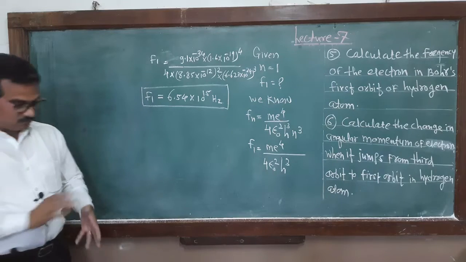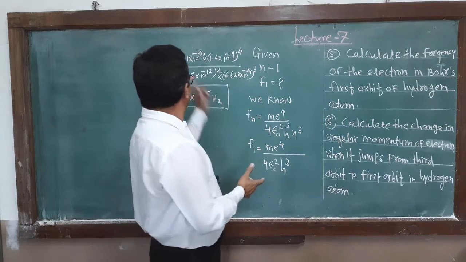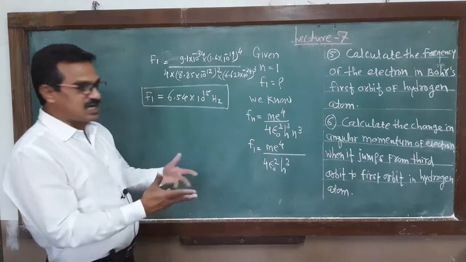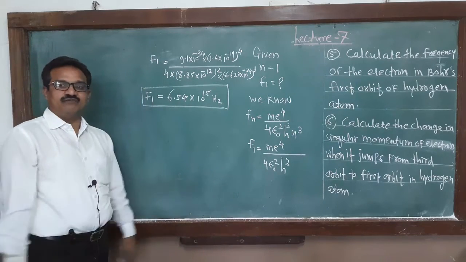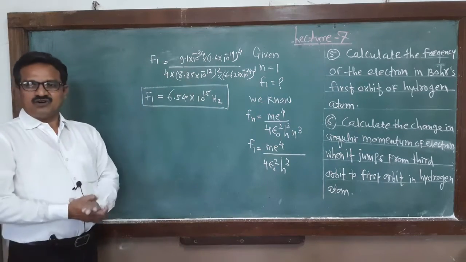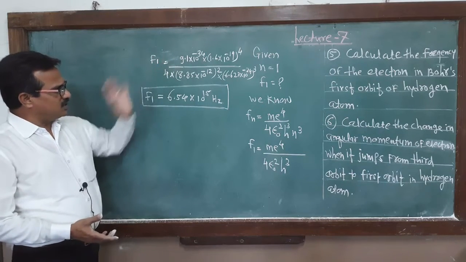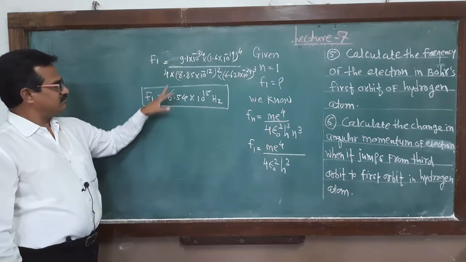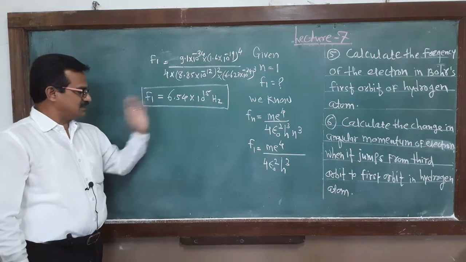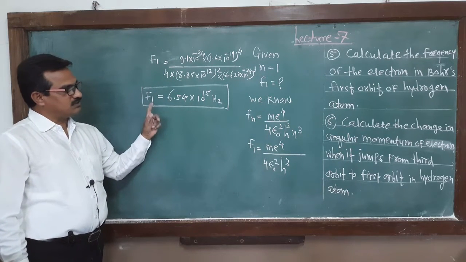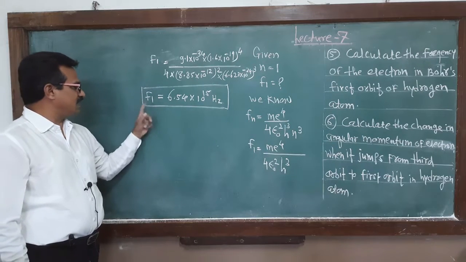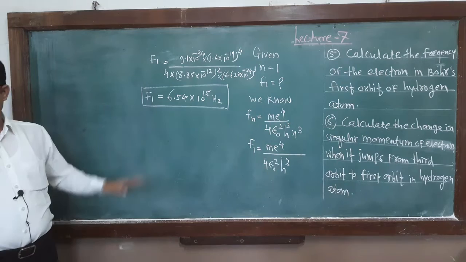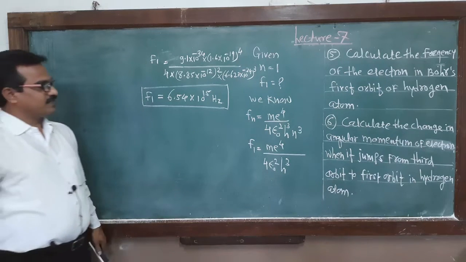Remember this, when such type of problem is asked, all these terms are given: mass of the electron, charge on the electron, permittivity of free space, and Planck constant. Substitute all these values, calculate using the calculator and simplify, and we get the answer. Frequency of revolution of the electron in Bohr's first orbit is 6.54 into 10 raised to 15 hertz.